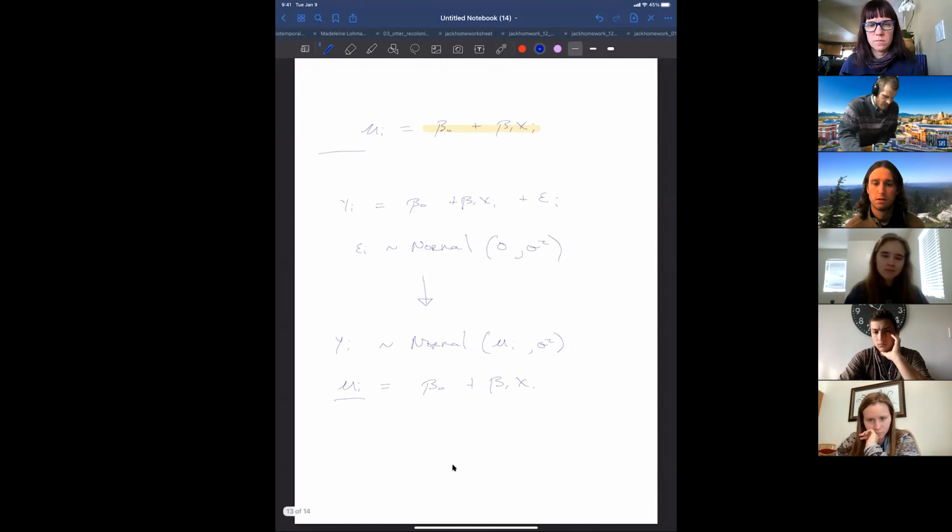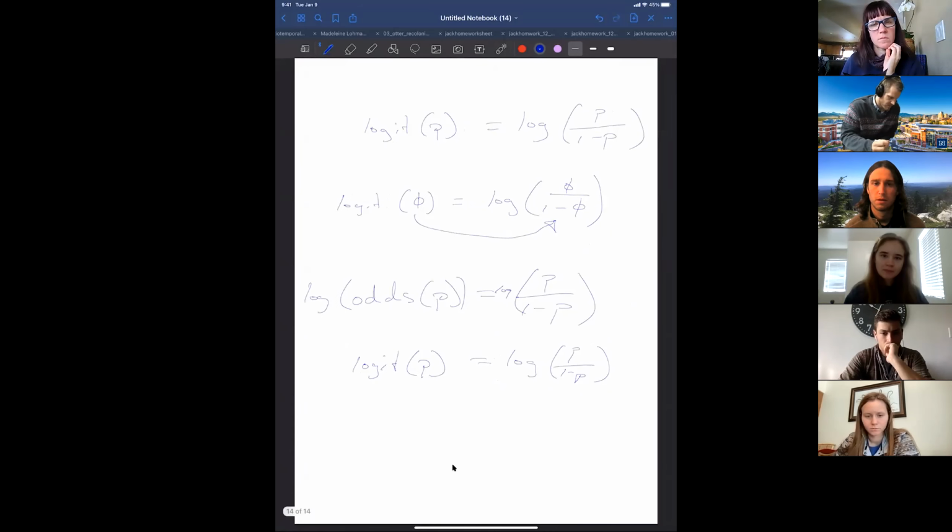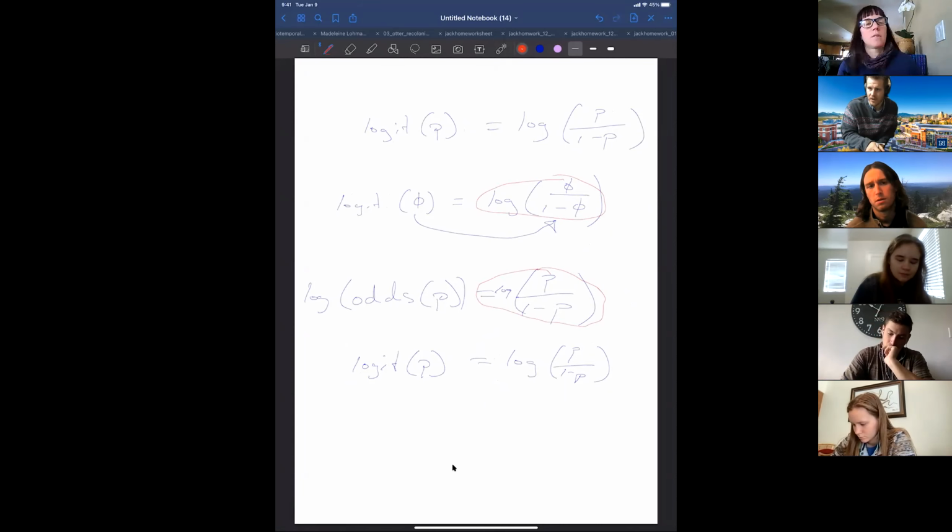All right. What this does is, when we do this function to p or to psi, it converts it to values between 0 and 1. And that's what we want. So this is one function of p that will convert it to between 0 and 1.